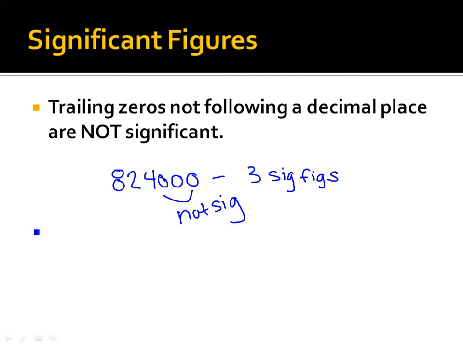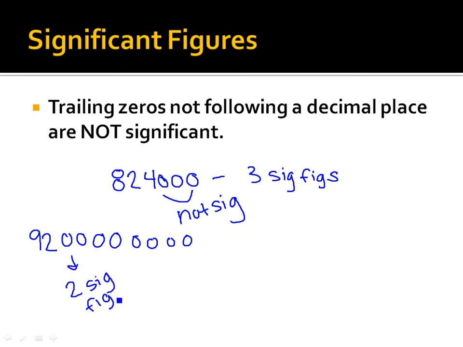We could have a really, really large number, with zeros going on all the way across the page, but none of them are significant unless we have a decimal place. So here we would have 2 significant figures.